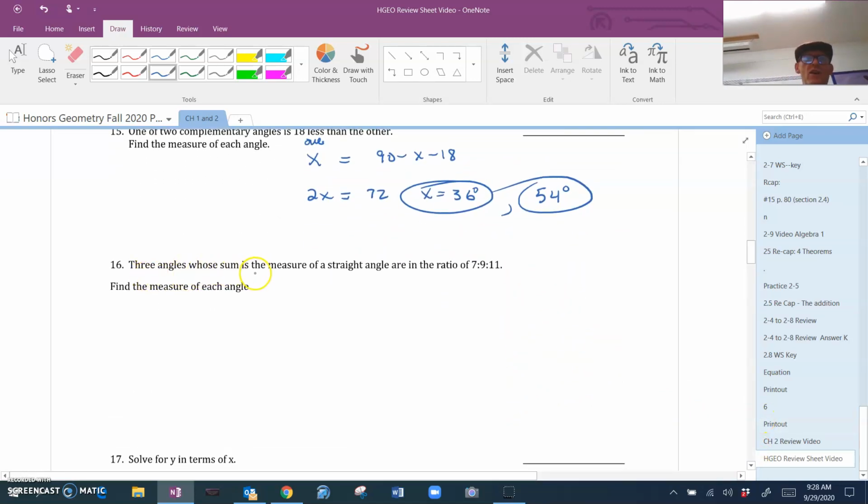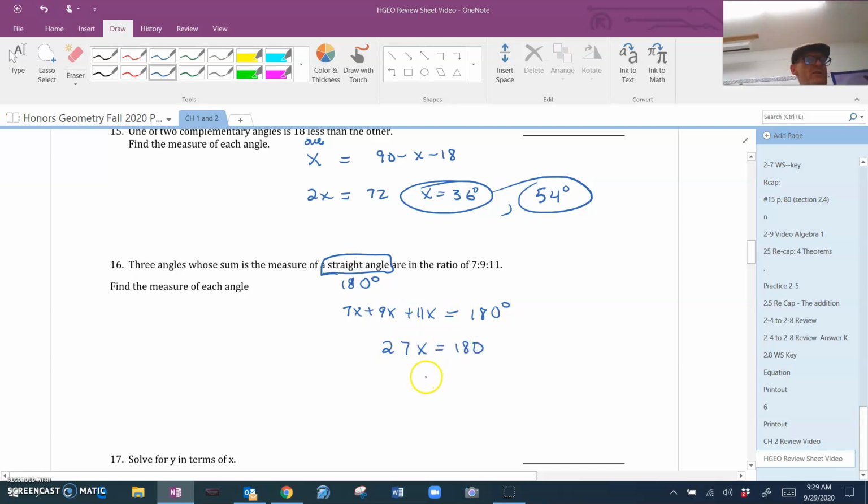3 angles whose sum is a straight angle are in the ratio 7, 9, 11. Straight angle. That's 180 degrees. So 7x plus 9x plus 11x equals 180 degrees. Now this is 27x equals 180.